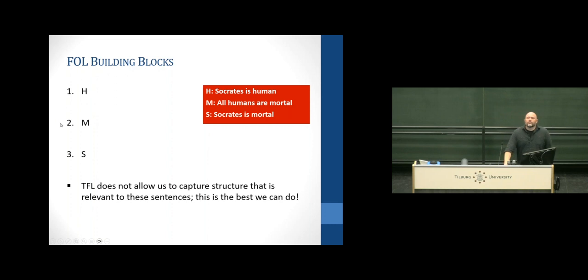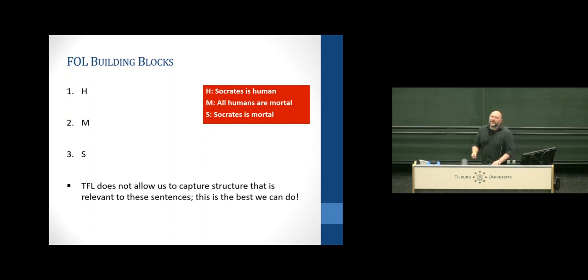So TFL tells us that this argument doesn't come out as valid. In a way, what TFL shows us is that there isn't anything purely at the sentential level, the structure of the sentences of the premises and the conclusion, that guarantees its validity.